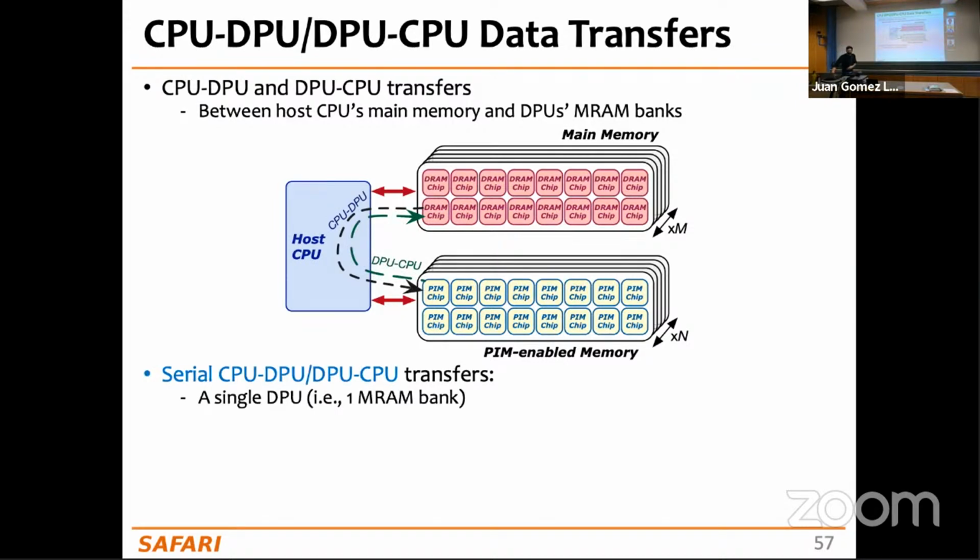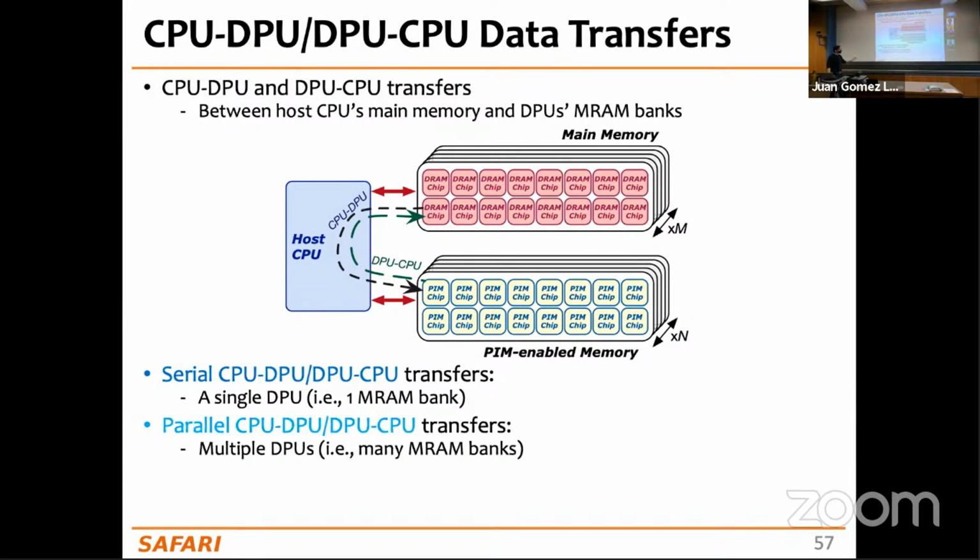The UPMEM SDK that we use to program this system gives us different ways of performing these transfers. One way is doing them serially, which means that from the main memory, we are only targeting a single DPU and a single MRAM bank. So we transfer a buffer from main memory to one DPU. That's not the most efficient way of doing these transfers.